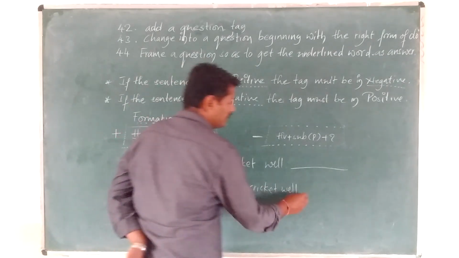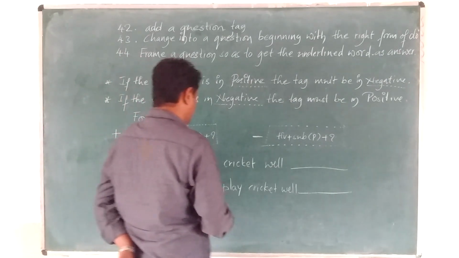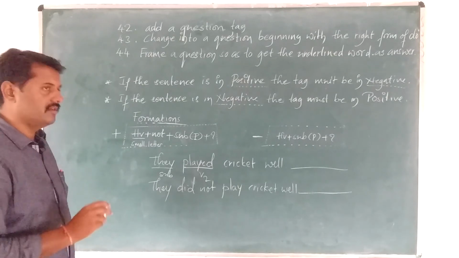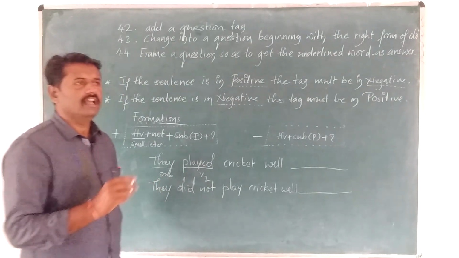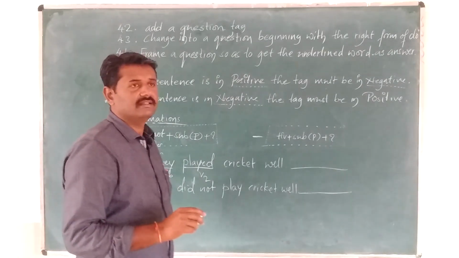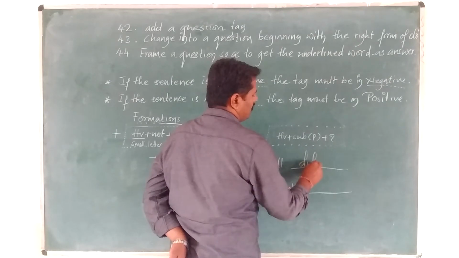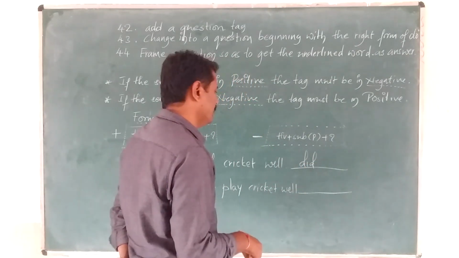Okay, so this is what the statements are. So here, they is there, played is there. If V2 is in the sentence, you must think that it is in simple past tense. So in the simple past tense, did is used as the helping verb.